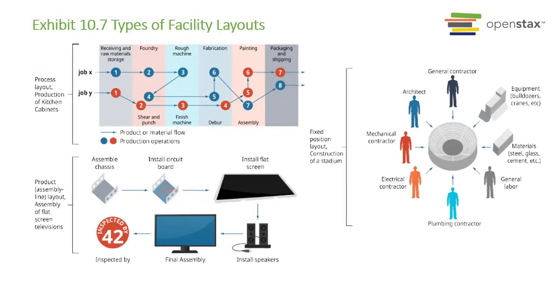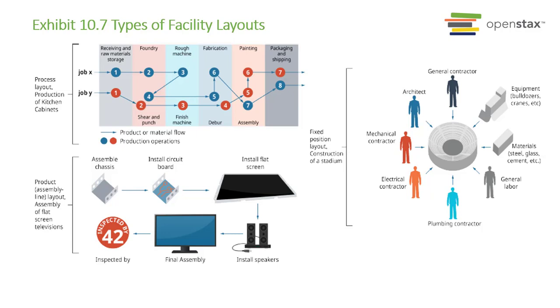Here's a visual for you from the book. So there you go at the top left, job X, job Y. You can see the process layout, production of kitchen cabinets, and how job X and job Y would be a little bit different in terms of the production operations. Below that, bottom left, the product assembly layout, assembly of flat screen TVs.